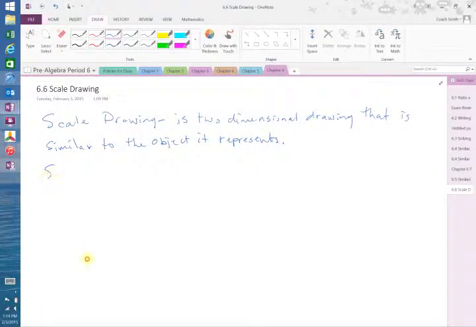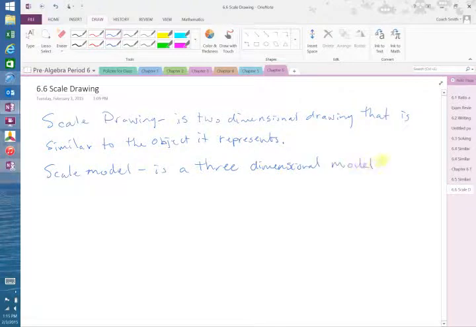A scale model is a three-dimensional model that is similar to the object it represents.